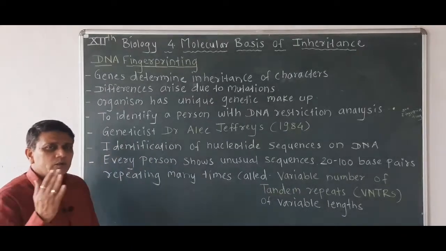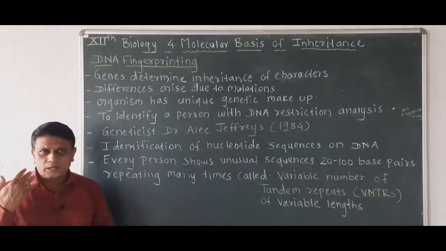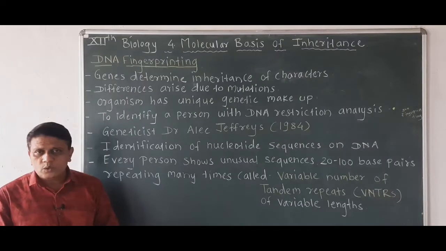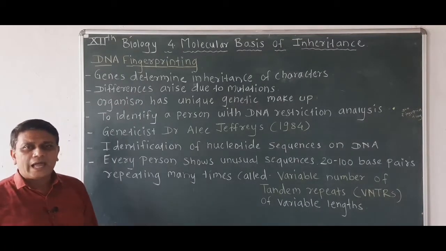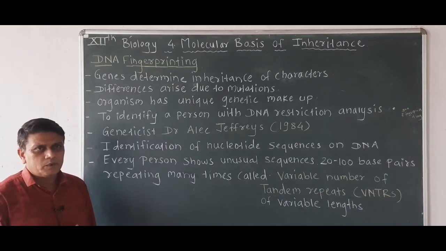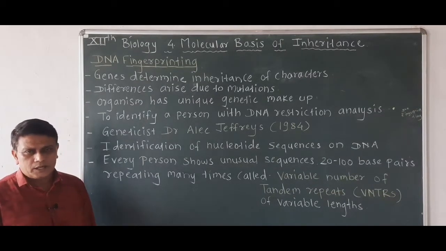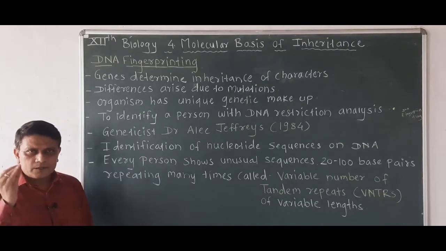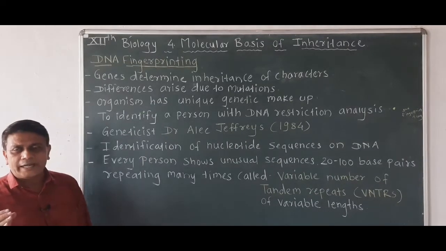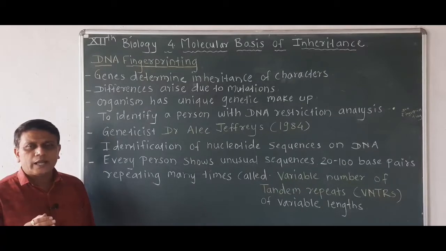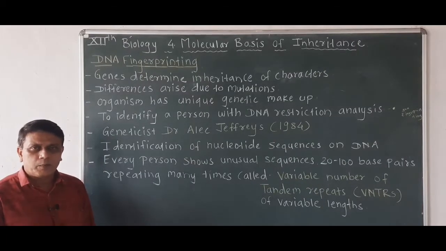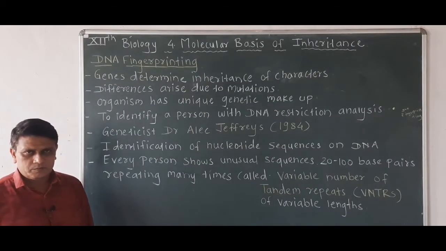So they are of different lengths in different persons. Due to this feature, that individual has unique genetic makeup. So DNA fingerprinting is one of the techniques used to study as well as to identify the genotype as well as the genetic makeup of an organism.